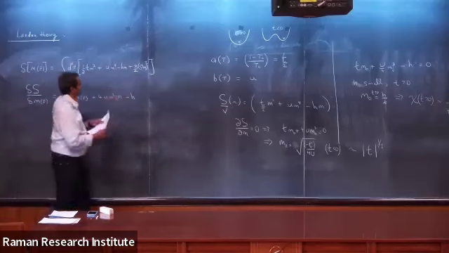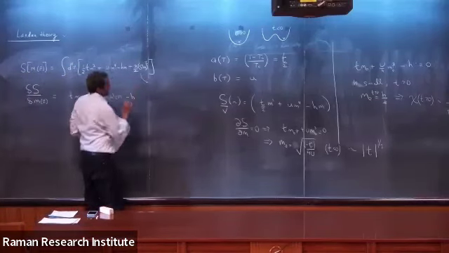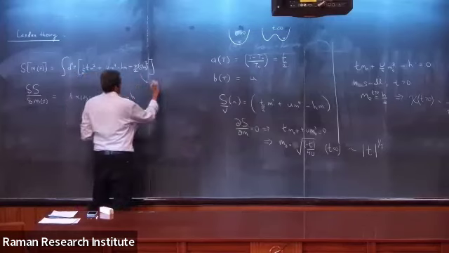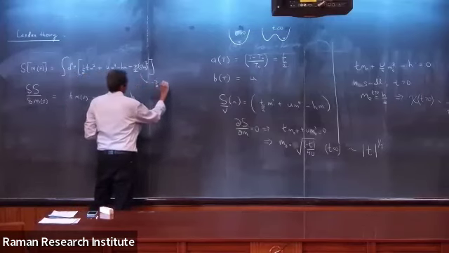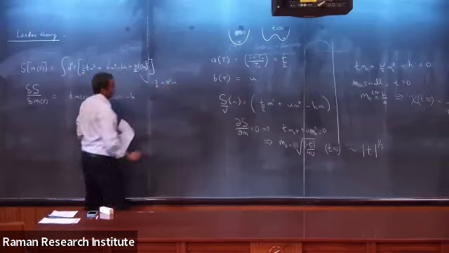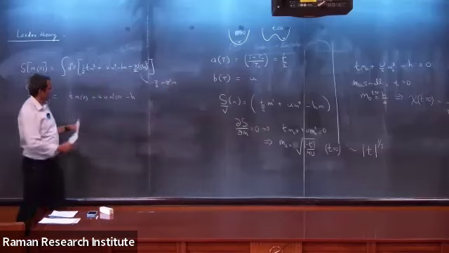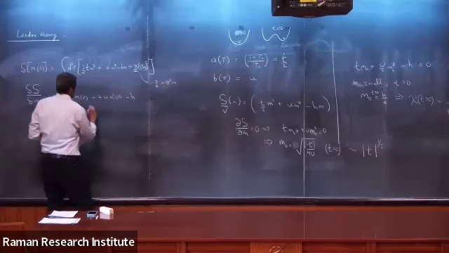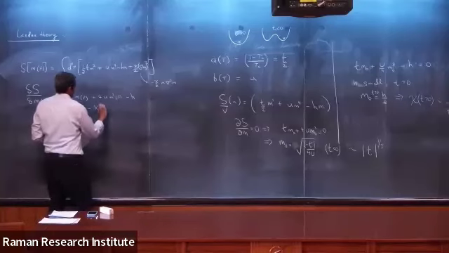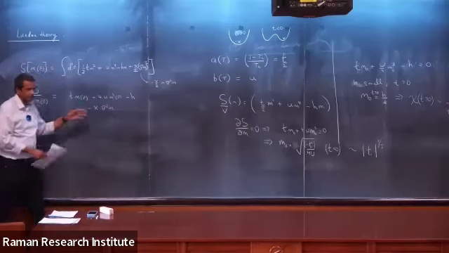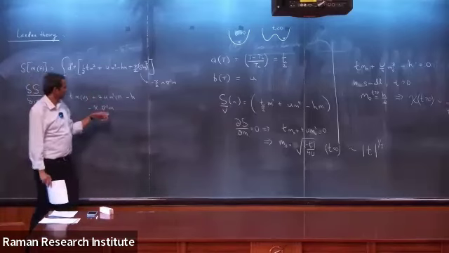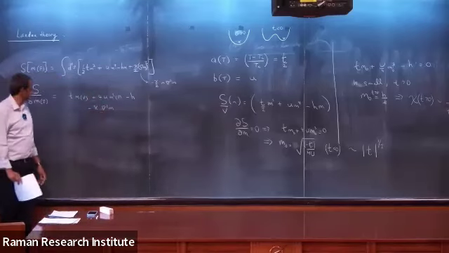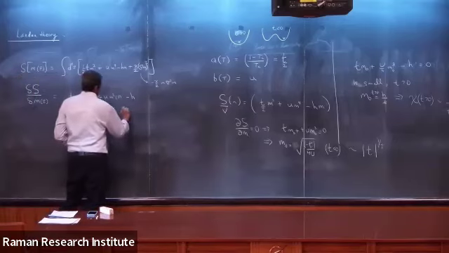And now this one here, we can do an integration by parts to get it in the form minus kappa by 2 times m times del squared m. And so the functional derivative that you get from here is just minus kappa times del squared m. If you've not done it, you should work it out. But that's the answer when you take the functional derivative, and we want to set this to be 0.